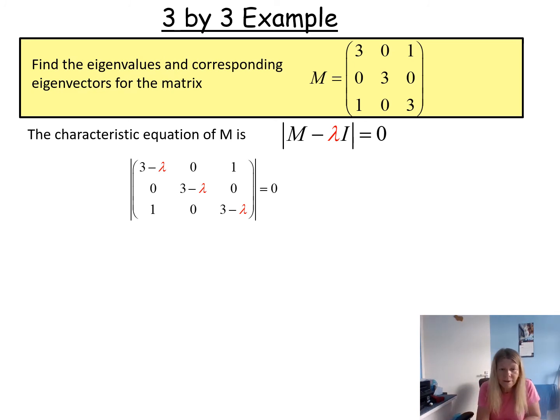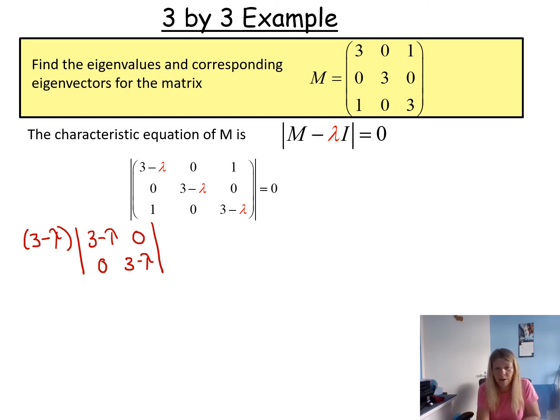So I'm going to multiply it out over the top row. So I've got (3 take lambda), and then we'd have that matrix, wouldn't we? 3 take lambda, 0, 0, 3 take lambda, and then plus 0, won't bother with that. And then plus the last one lot of this matrix.